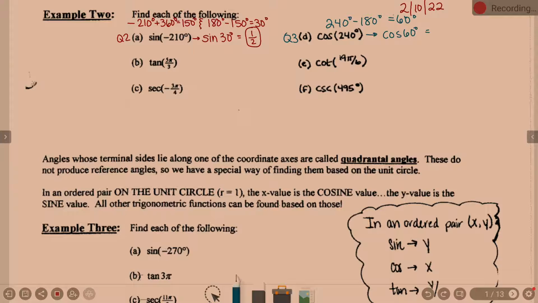So, according to our little handy-dandy chart, what is the cosine of 60? That was 1/2. Have that chart available, right? The answers are coming straight from the chart, nothing fancy. And then, is this positive or negative 1/2?